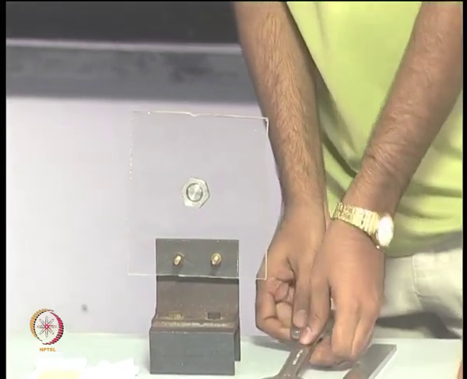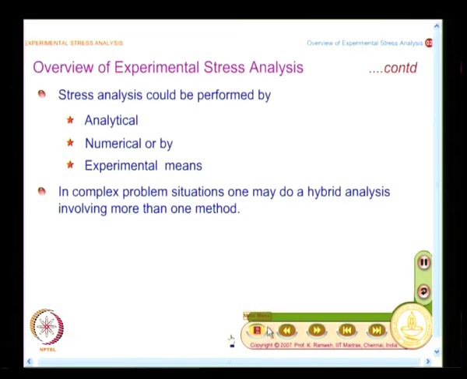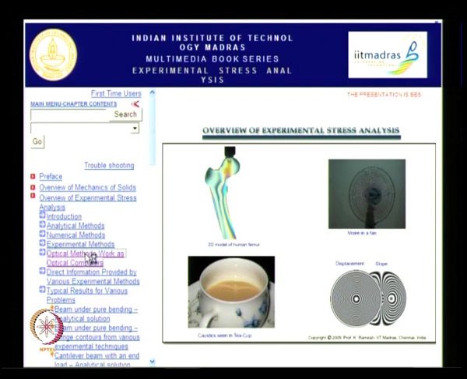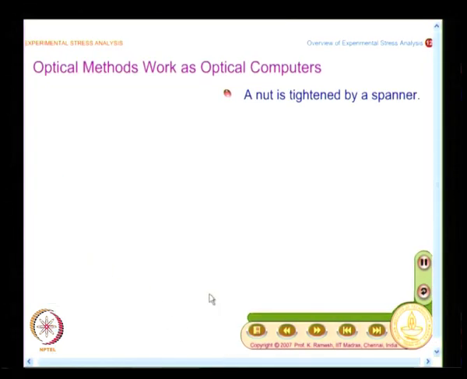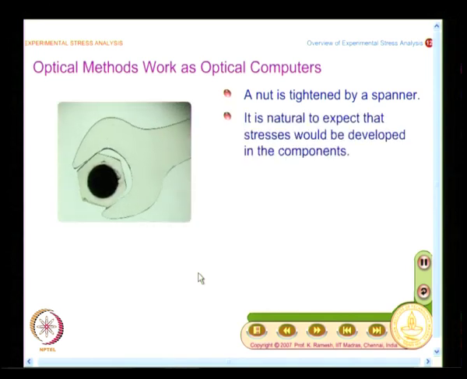The only recourse that you have is to do it only from a numerical technique or an experimental method. And what we are going to see is we are going to introduce a new concept that optical methods work as optical computers. And this is what we had seen physically.